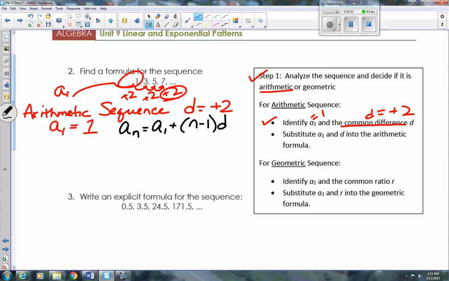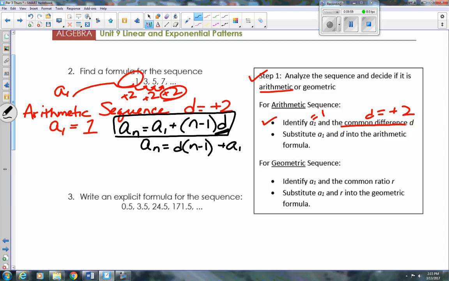I'd like to rearrange that for you so that it looks a little bit more like what we get for our linear equations. The only thing is, when you get this formula on your reference sheet, it's going to look like this. If I do a little rearranging, since I usually have things that we distribute out in front of parentheses, I'm going to write it like this: D times n minus 1, and then I'm going to add my A1 value.